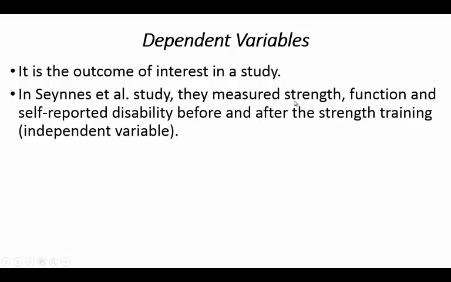So that's an outcome measure and a dependent variable. Function, self-report disability. So all these 3 variables are dependent variables, and they are measured before and after the strength training program. The strength training program, remember, is the independent variable. That's the intervention.